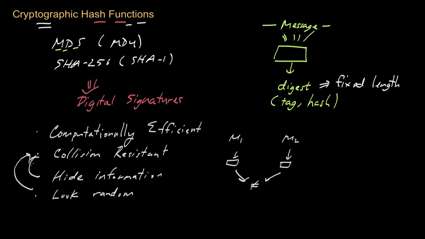Now, the second thing I want to point out is that typically these properties in practice, or maybe even in the underlying mathematics, are things that you hope for, but you can't always guarantee that they'll hold. It may be entirely possible that you could design a hash function that you think is completely collision resistant, but someone might come along a year from now and come up with a more clever way of finding a collision.